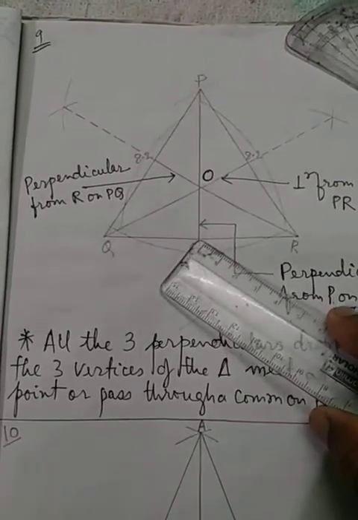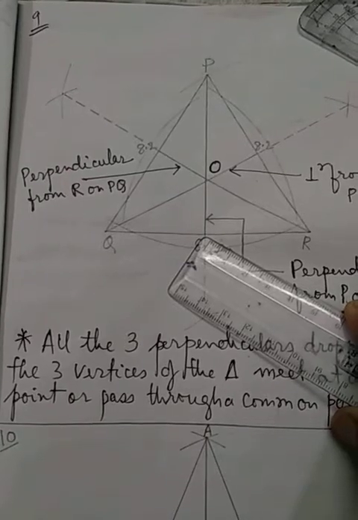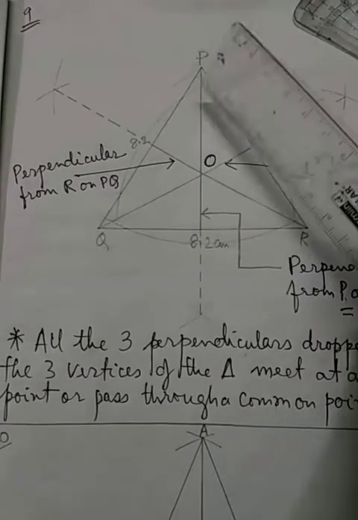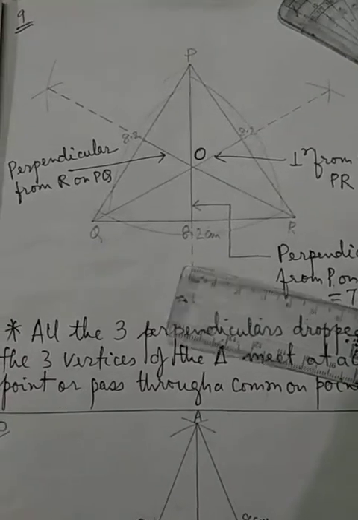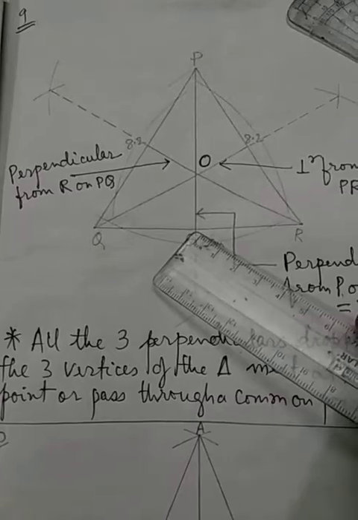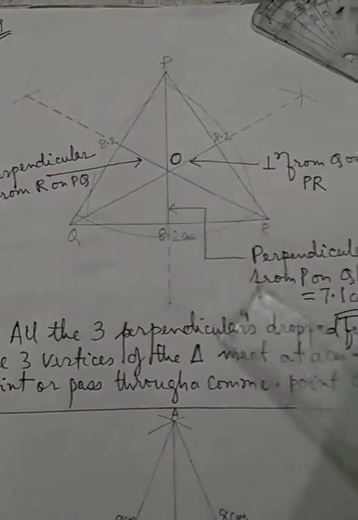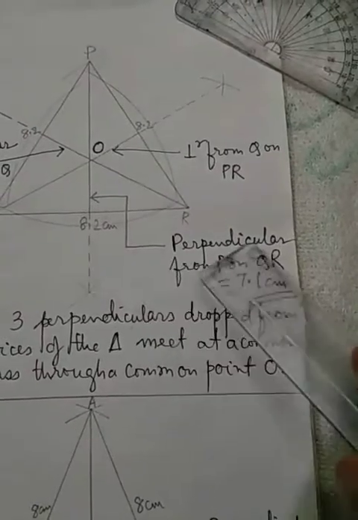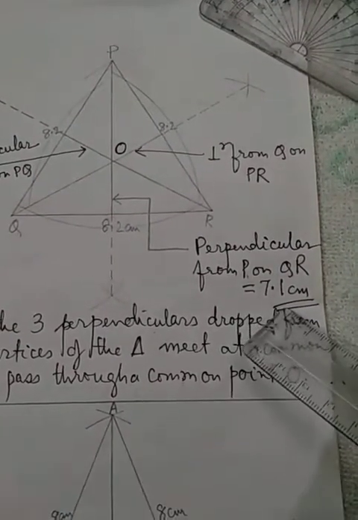Let's say this point could have been named as D, or let's say X, Y, Z. Because from 3 vertices there will be 3 perpendiculars, you could have named this point as X. So from here to here, first perpendicular PX. That's why I have written, you see, perpendicular from P on QR, giving us a length of 7.1.